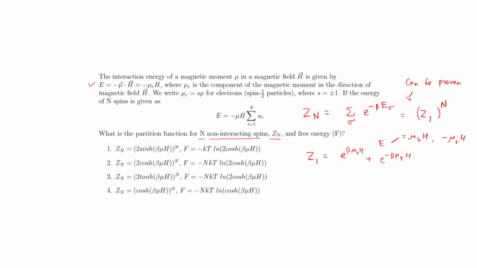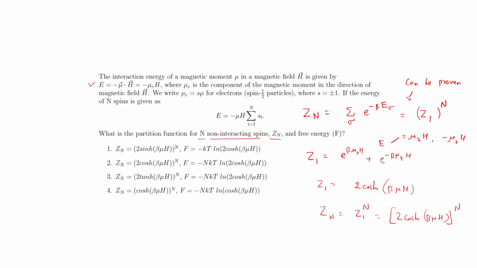These are the two energies it can take, and so basically it is 2 cosh(beta mu h). Okay, so this is what you have, Z1, and for N non-interacting particles it is Z1 to the power N. So it is (2 cosh(beta mu h)) to the power N.